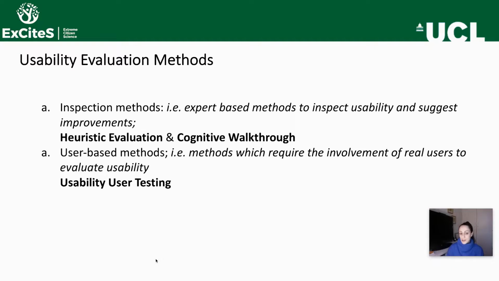And such inspection methods are the so-called heuristic evaluation and cognitive walkthrough. And then we also have user-based methods, where the methods require the involvement of real users who evaluate the usability of the interface. And such a method is usability user testing. In the next part, we will review these three methods in more detail.